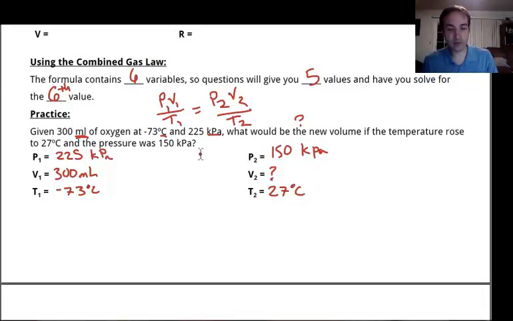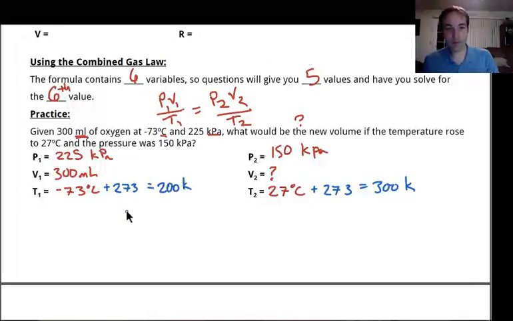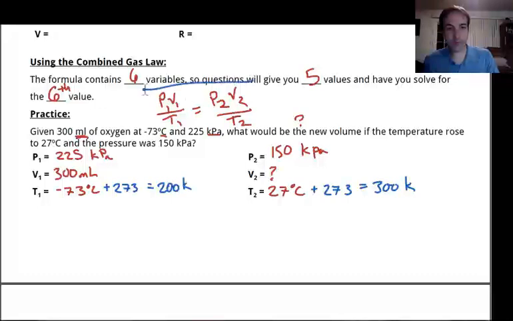Normally I would be ready to go. I could just plug in numbers and get an answer. However, remember, we can't have temperatures in Celsius. So we need to add 273 to this, which is going to give us 200 Kelvin, and we need to add 273 to this, which would be 300 Kelvin. Okay, now we can plug everything in. We're going to use this equation here.